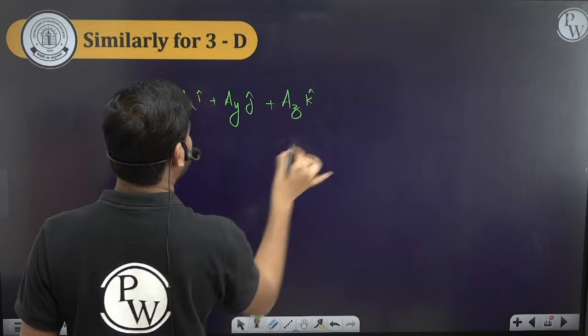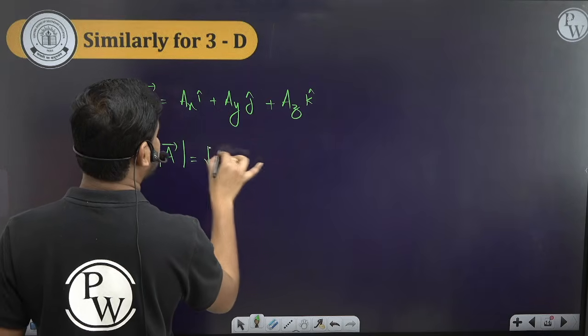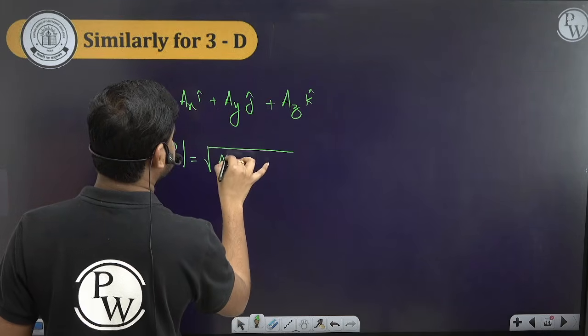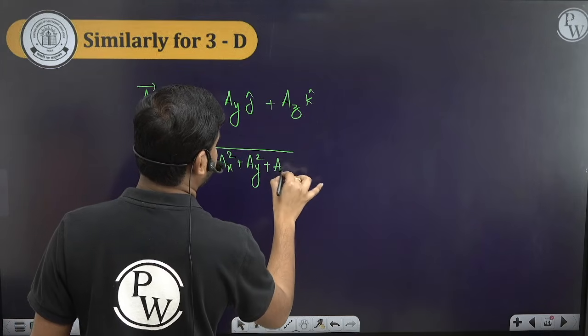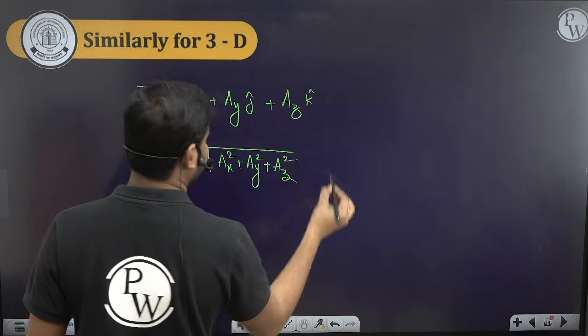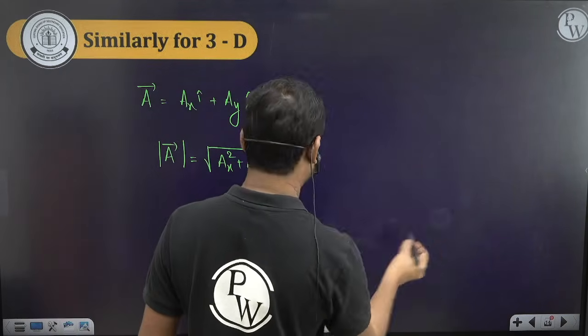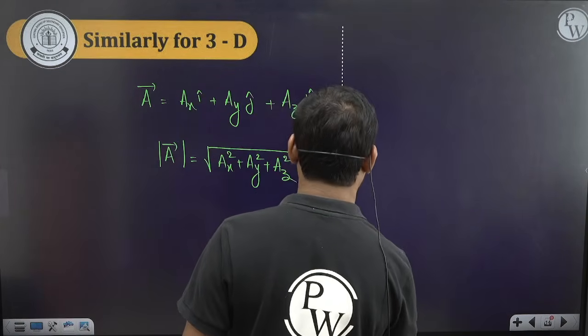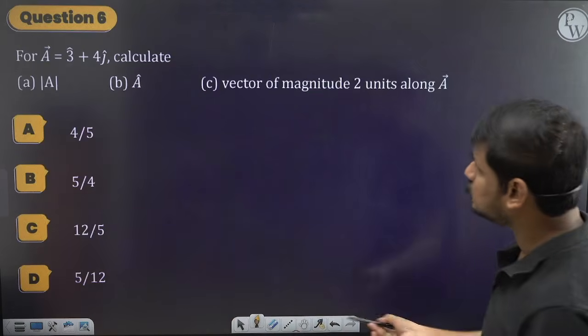If you need its magnitude, simply write the magnitude of vector A is the square root of AX square plus AY square plus AZ square. Clear? Let's take one question so that you will understand better.